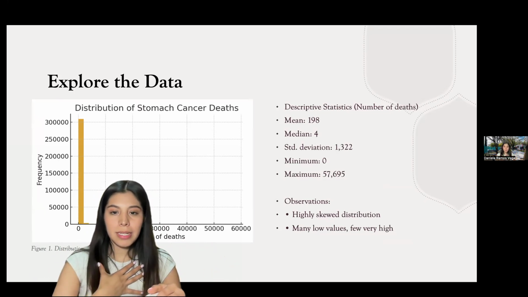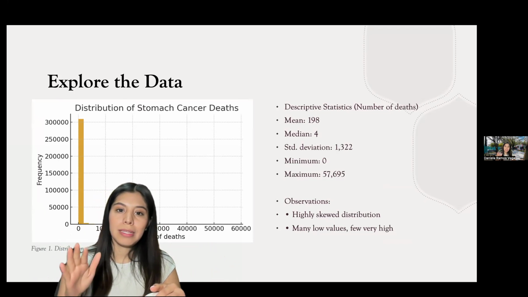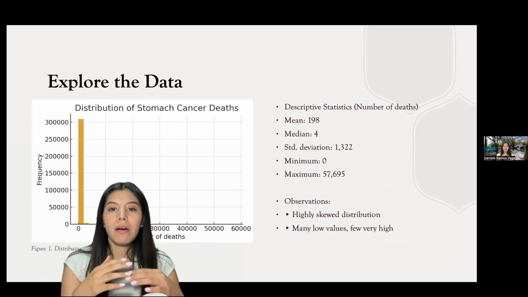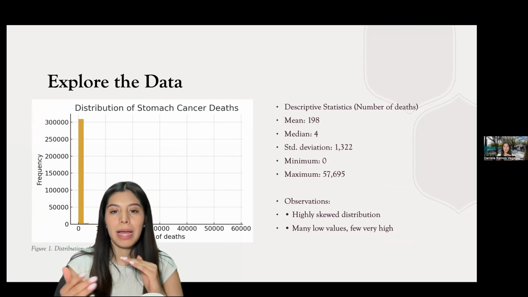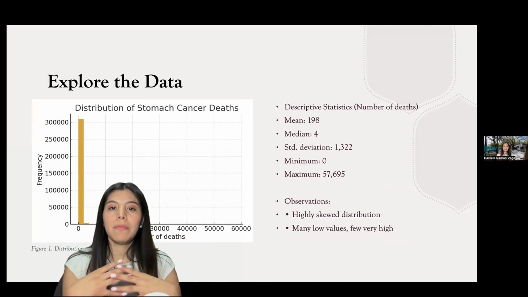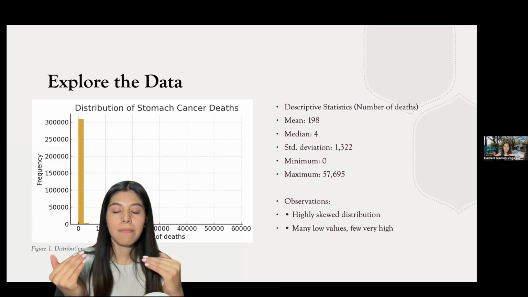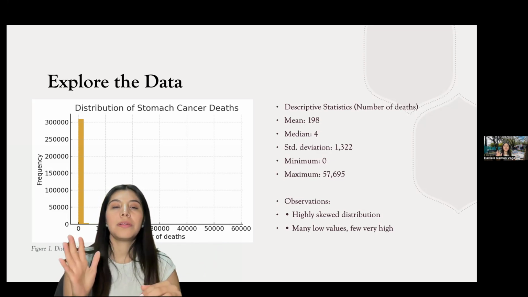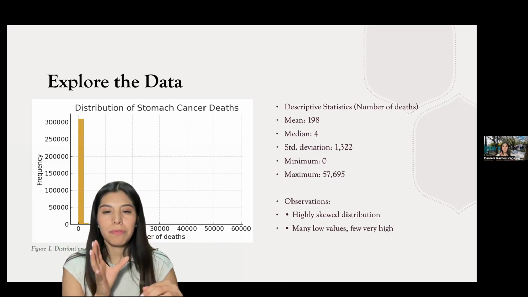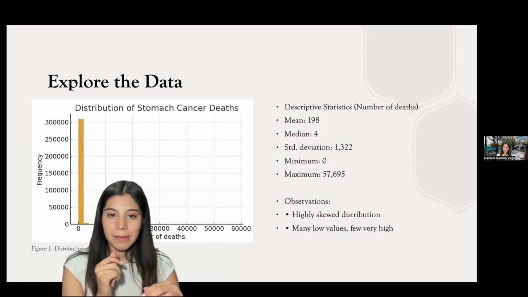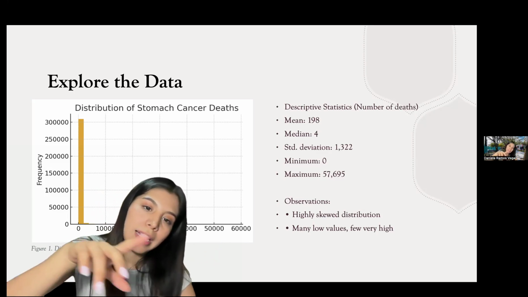So this tells us that most observations have relatively low numbers of deaths, while a few countries report very high figures. The minimum value in the dataset is 0, and the maximum reaches nearly 57,700 deaths.